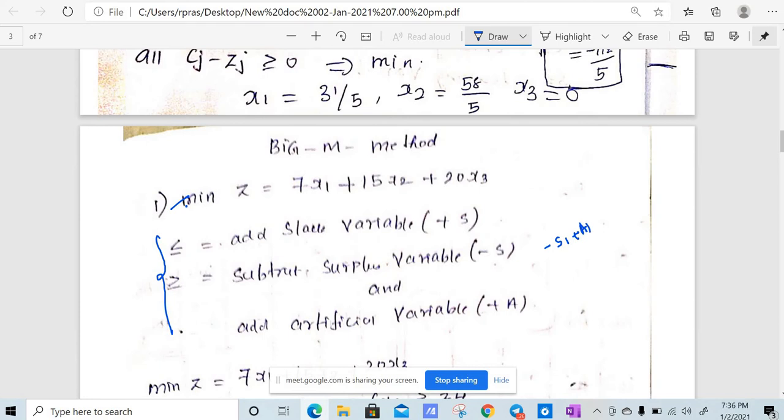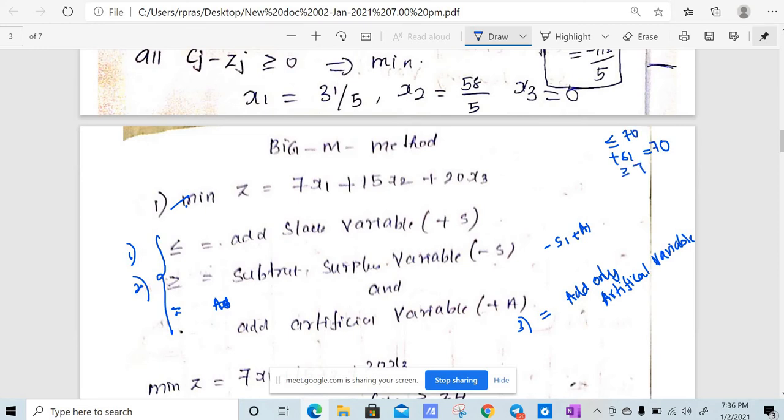And if we have an equal to symbol in the constraint, add only an artificial variable. So this is 1, this is 2, and the 3 is, if we have only an equal to symbol in the constraint, add only an artificial variable. You don't need to add a surplus variable. Suppose a constraint is less than or equal to 70, you just add a slack variable, plus s1 equal to 70.